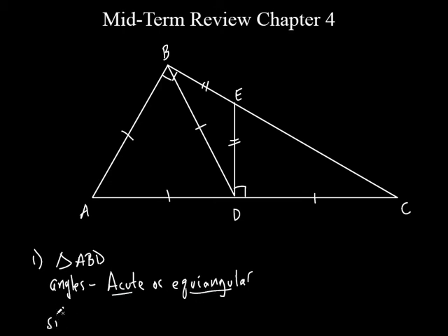But you also have to classify it by its sides. We already talked about it. What is it by its sides? You could say isosceles, right? Because what's isosceles? At least 2 of the sides are equal to each other, okay? 2 or more of the sides, 2 or 3.